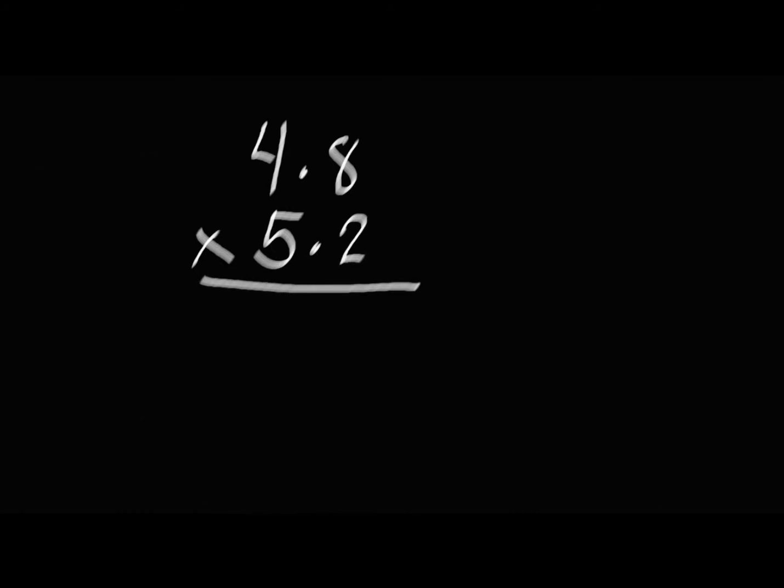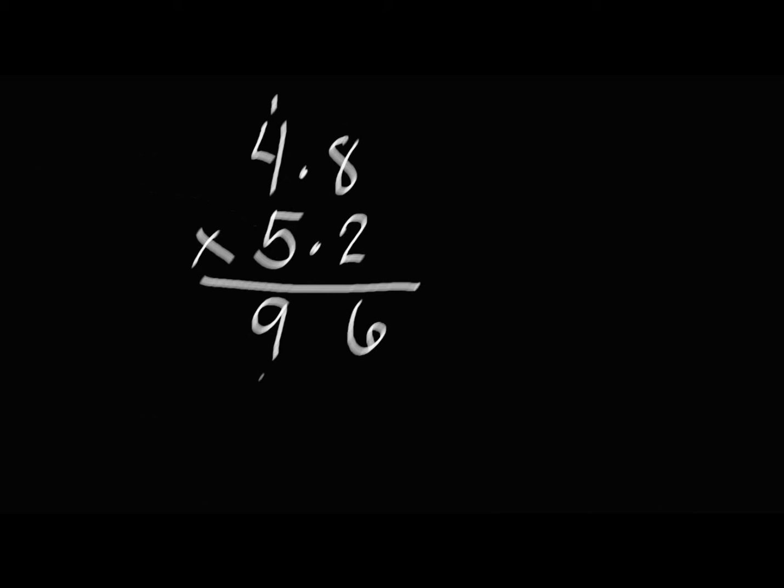Let's work on our next example. 4 and 8 tenths times 5 and 2 tenths. 2 times 8 equals 16. We'll write 6 here, then regroup 1. 2 times 4 equals 8, plus 1 equals 9. 5 times 8 equals 40.